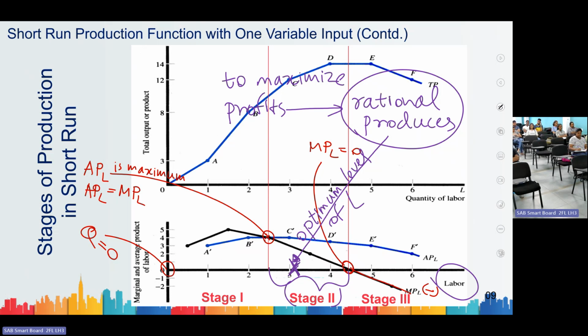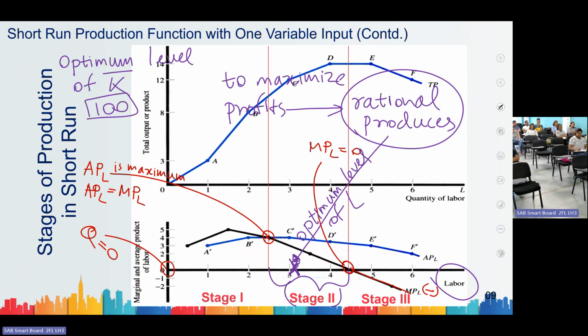Do we have to decide the optimum level of capital also? What do you think? No, because capital is always fixed. In my example, capital is always fixed at 100. So there is no need of deciding the optimum level of capital.